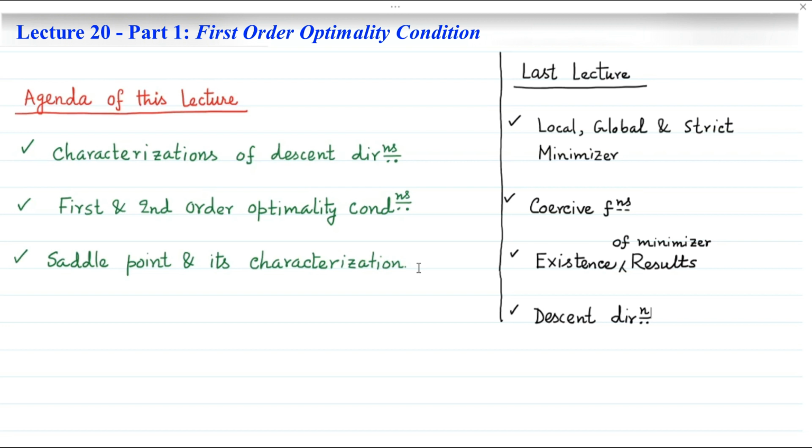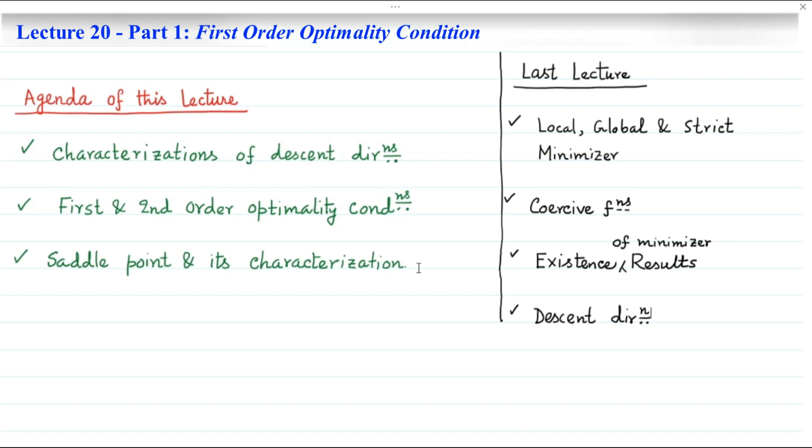In the existence theorem 1, it was essentially the Weierstrass theorem or extreme value theorem that says that if a function f is continuous on a closed and bounded set, then the function must have a global minimum and as well it must have a global maximum in the given closed and bounded or compact set.